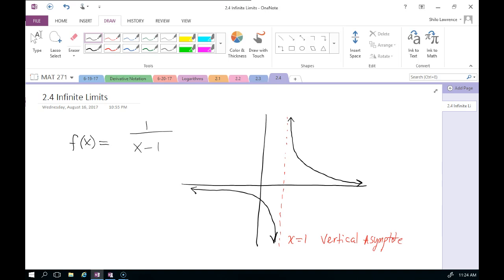So infinite limits are when we get an answer of positive or negative infinity when we are answering a limit question. Now, technically, those limits do not exist. Technically, when we are asking a limit question, we are wanting a finite answer.